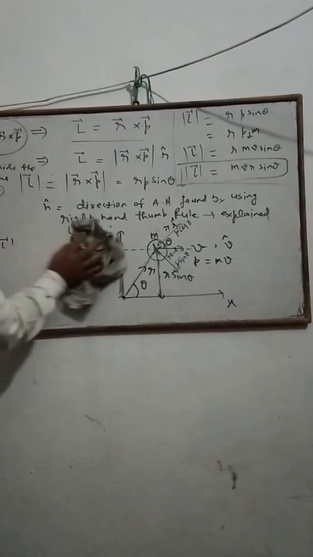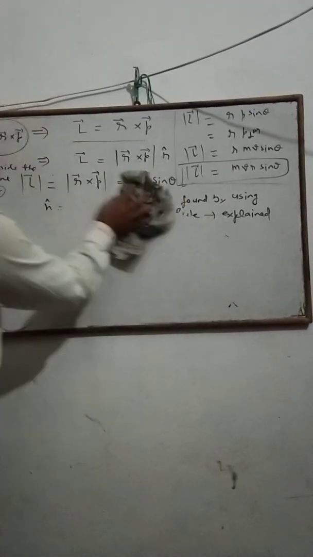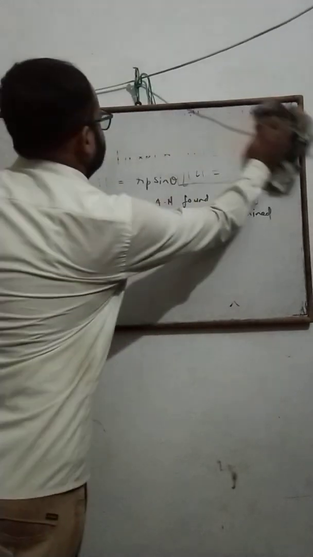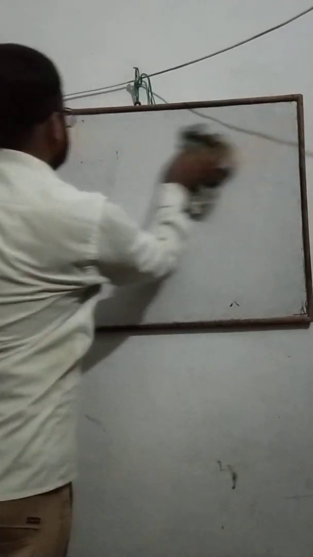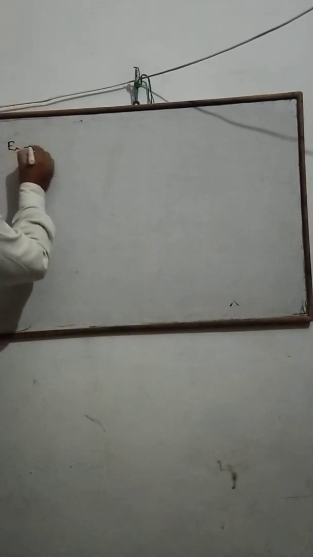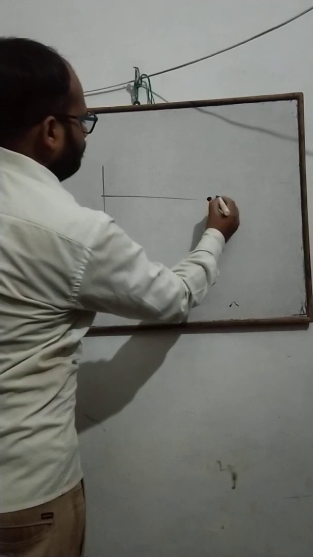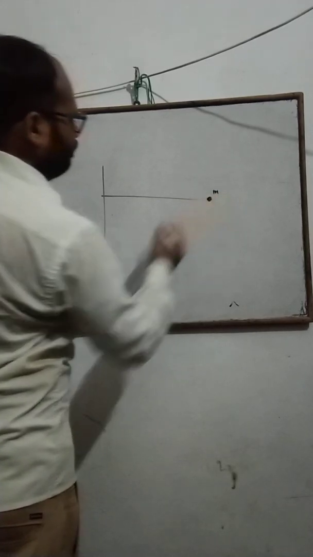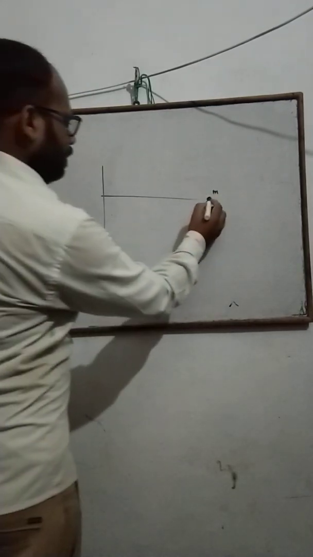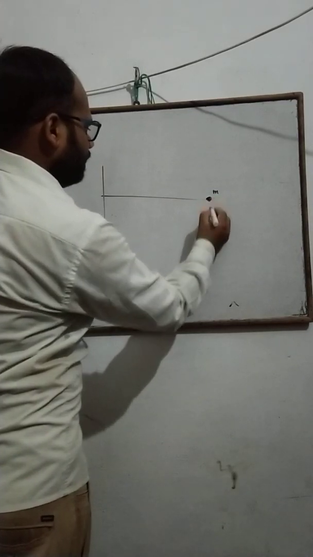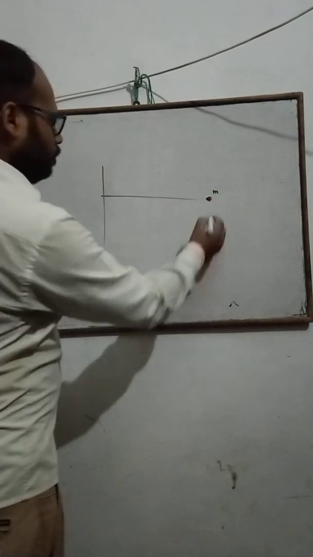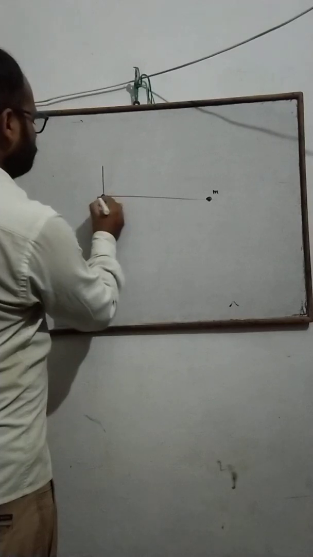Now let us have a simple example. Listen, let there be a particle of mass m, and it is freely falling. So here is the origin.